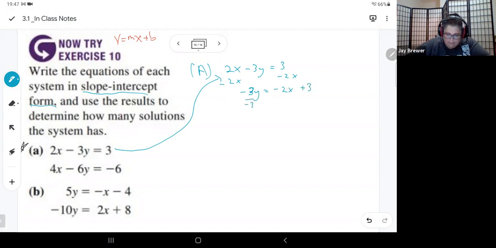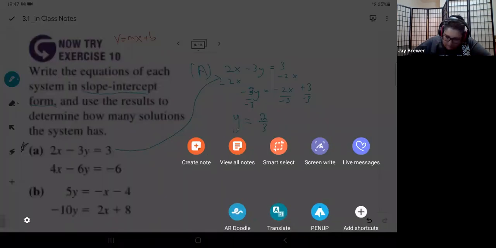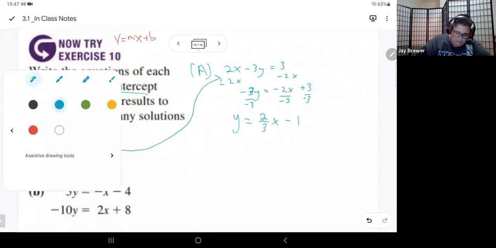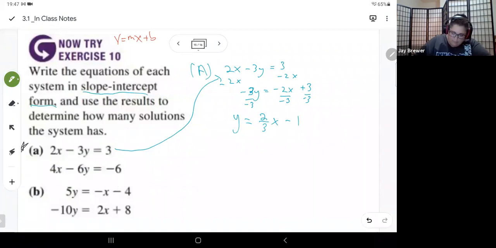Divide by negative 3, divide by negative 3, divide by negative 3. So you are looking at y equals 2/3 x minus 1. Sorry guys. Okay, that's one equation. Let's do the other equation. Let's do this one.